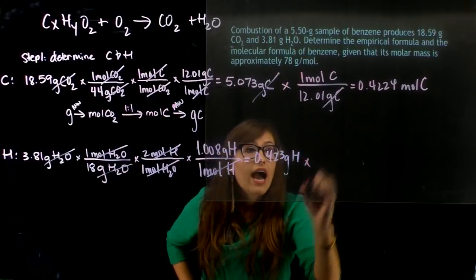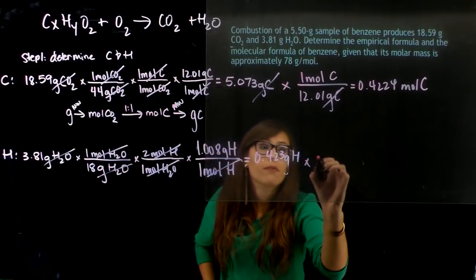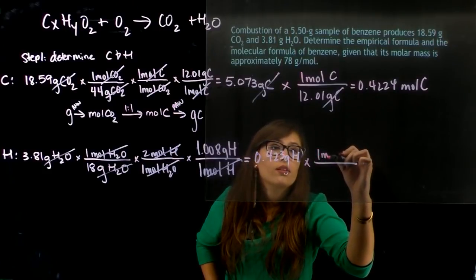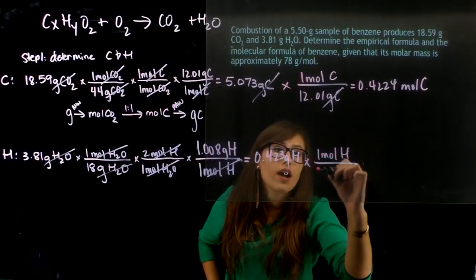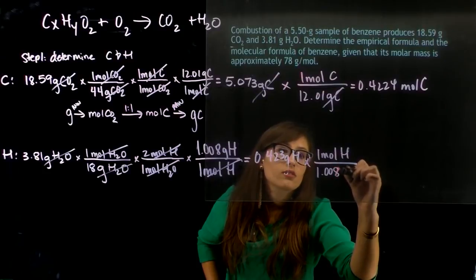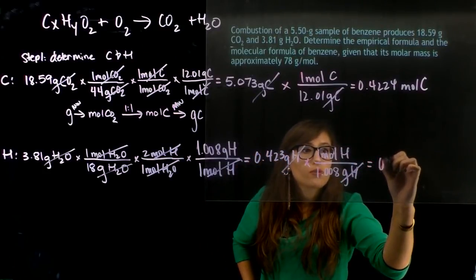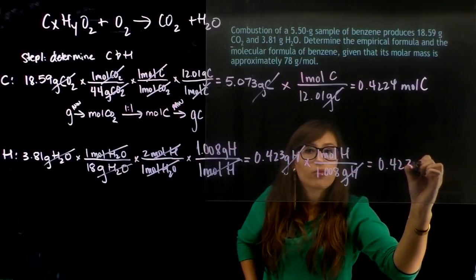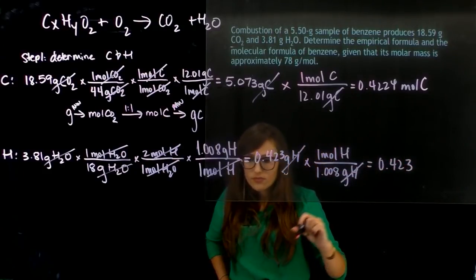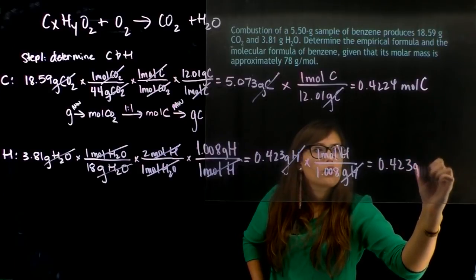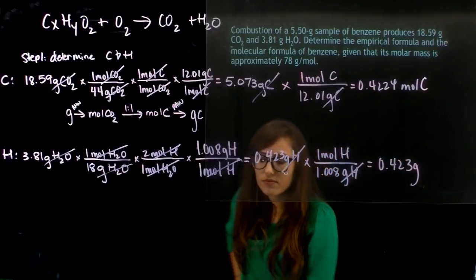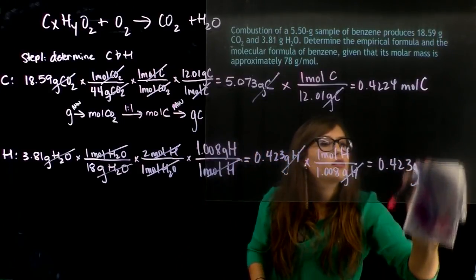In the case of hydrogen, we do the same thing. We multiply by the reciprocal of the atomic mass of hydrogen. Grams and grams cancel. We end up with 0.423 moles of hydrogen.